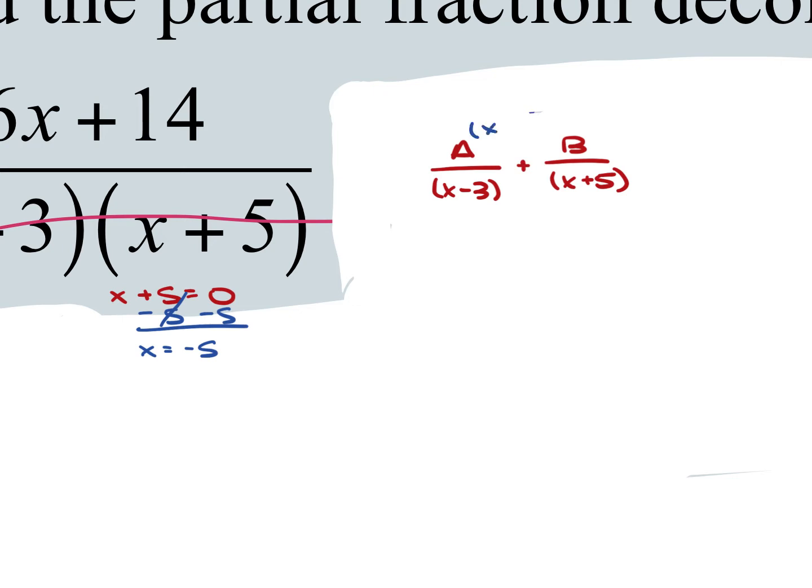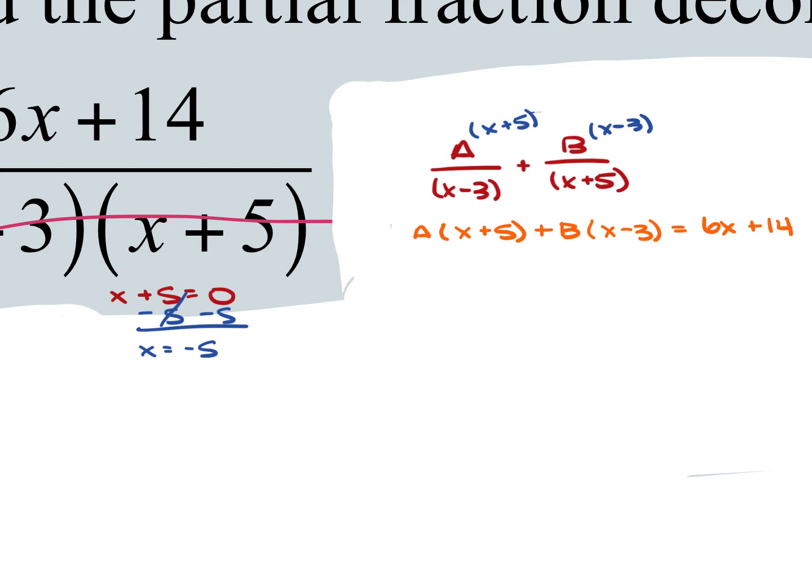So we would multiply that by the x plus 5. That b we would multiply by x minus 3. What this does is it gives you a times x plus 5 plus b times x minus 3. You're going to set this equal to the numerator that you started with, so this 6x plus 14.